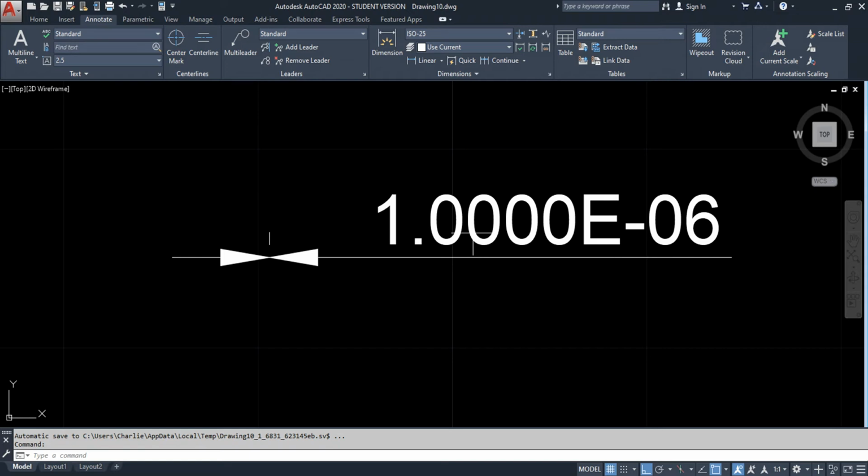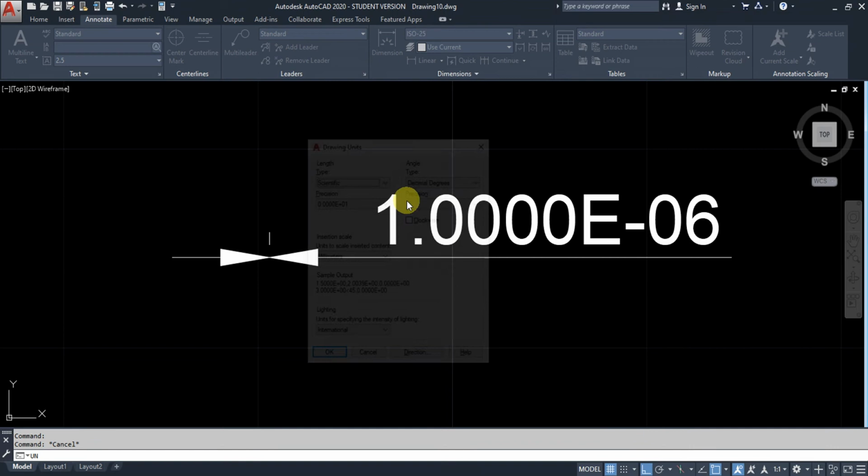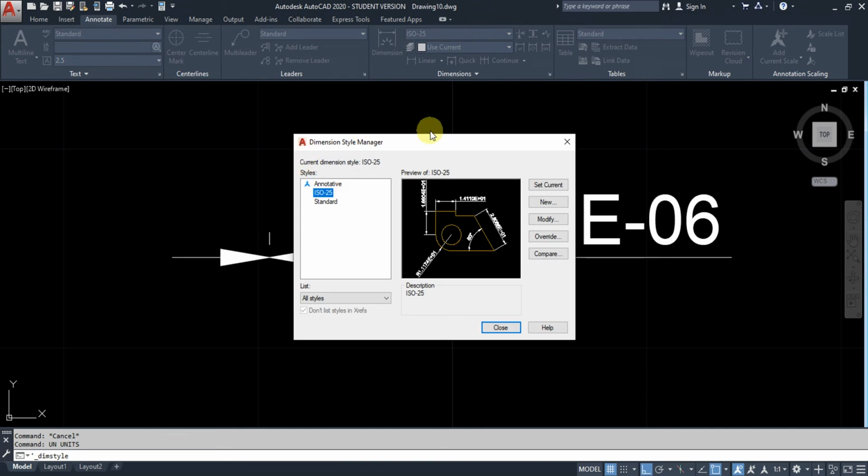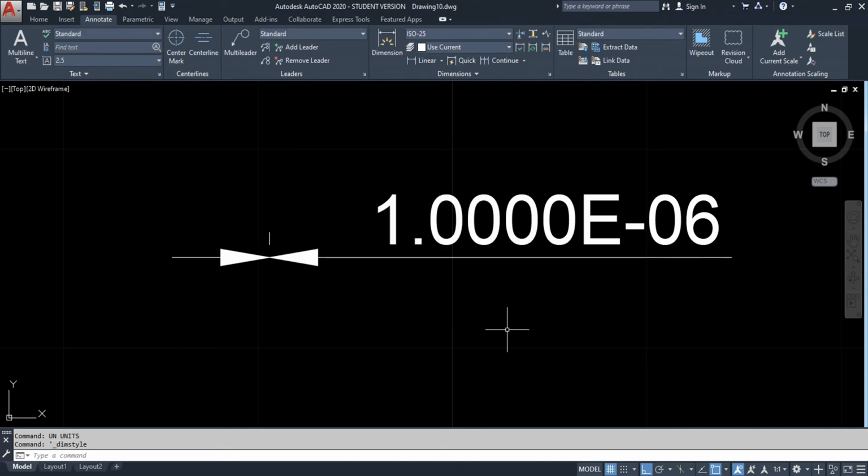For this purpose only input and output units are used. The input unit command is UN, and the output unit you control by dimension style. When we learn about dimension style elaborately, at that time I will teach it to you one by one.